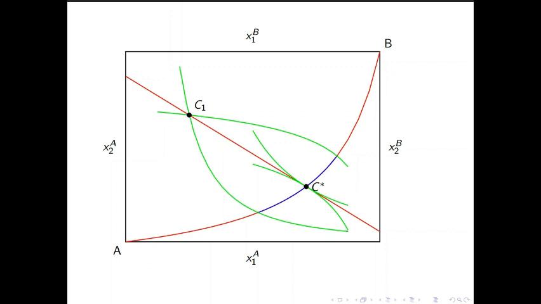As they do so, they move towards the core, and eventually they reach the point C star, where they stop trading, because at this point the marginal rates of substitution are equal, so they can no longer trade in such a way that both of them benefit.